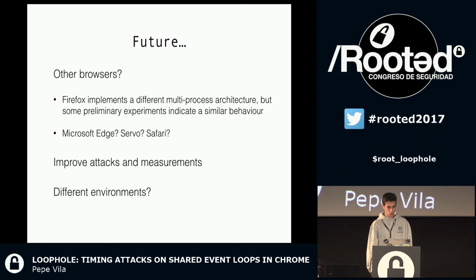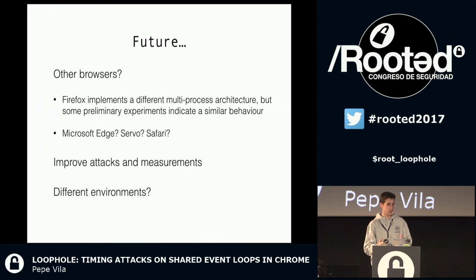I'm nearly finishing. Future, other browsers? Well, as I said, Firefox is moving towards multiprocess, which is a different architecture from that of Chrome, but without taking a look at the architecture details, using loop scan, you can see a similar situation with the event loops.